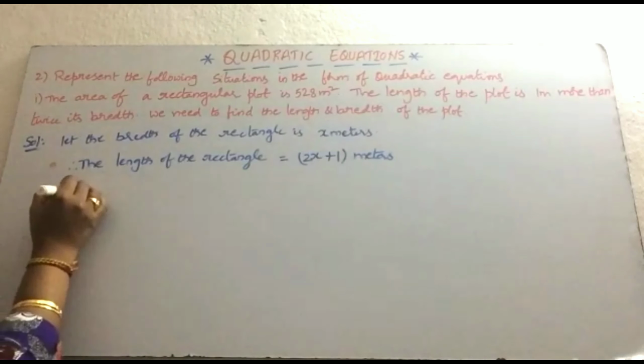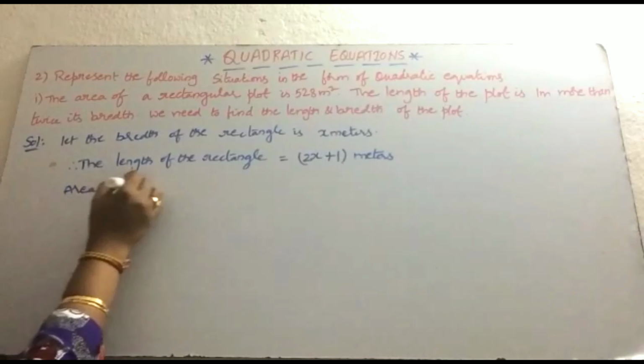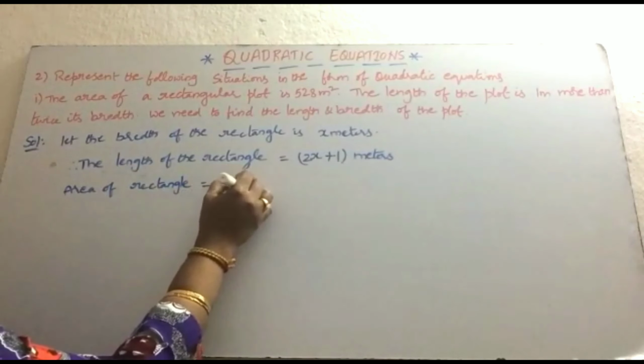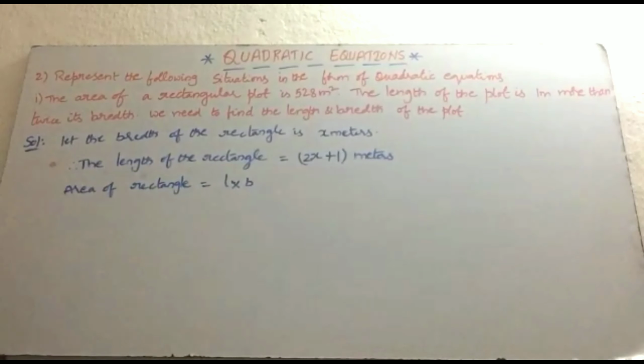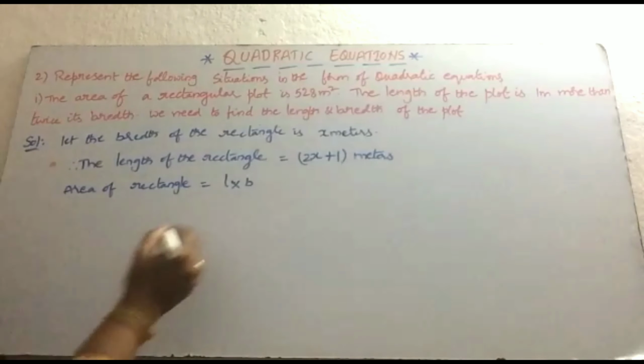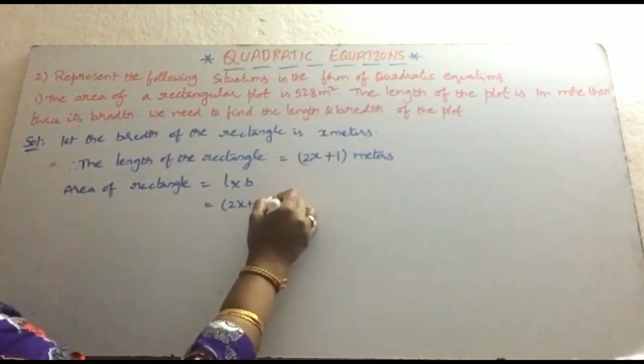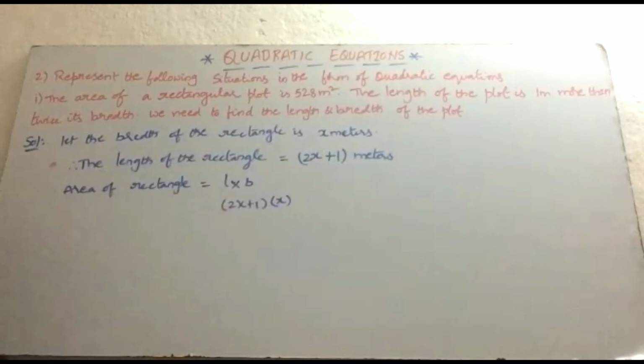So the area of a rectangle is equal to length into breadth. That means (2x plus 1) into x meters.